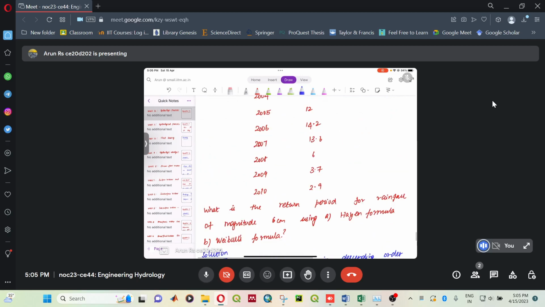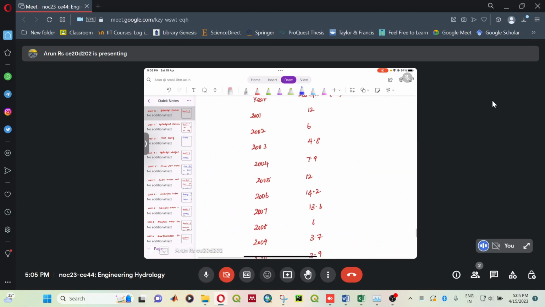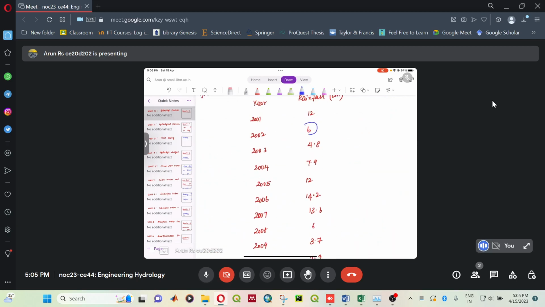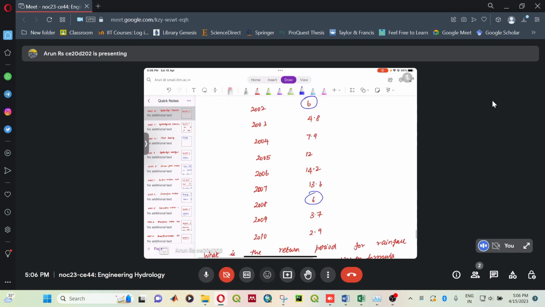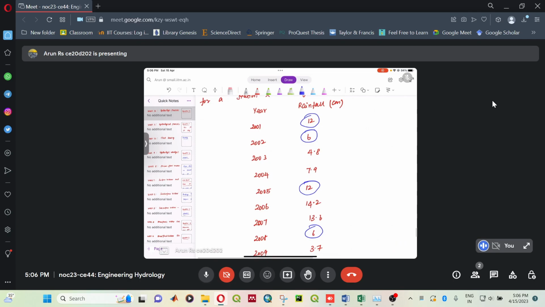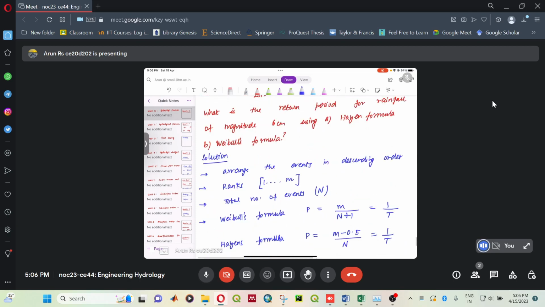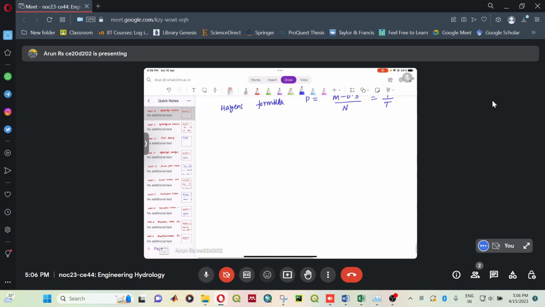Now in this question, if you see the table, you can find same magnitude of events which have occurred in different years. So when such kind of data set is given to you, the ranking differs a little bit. So I'll be showing that here.